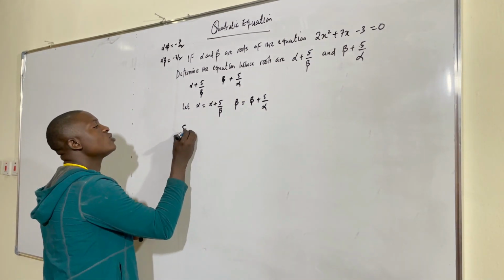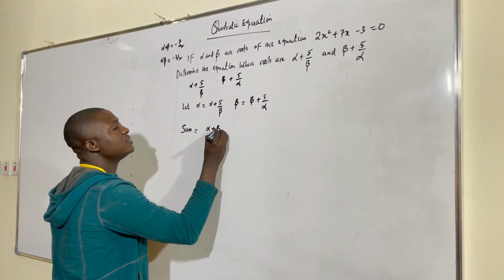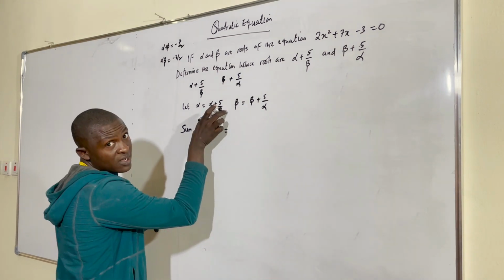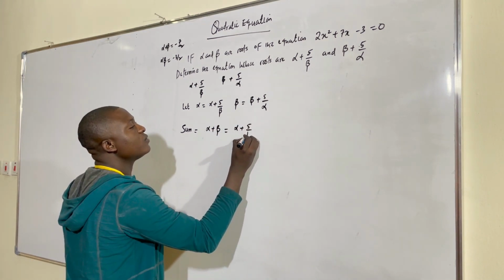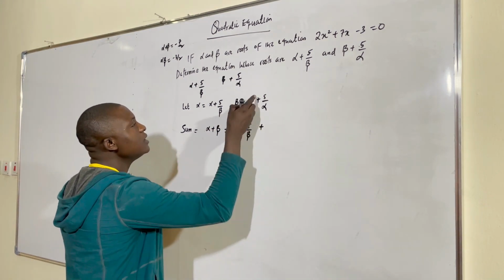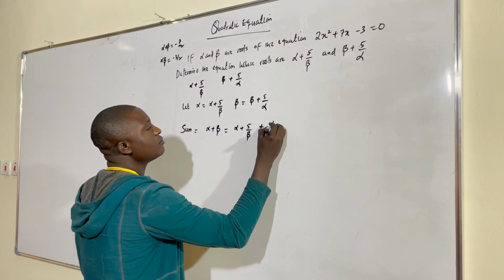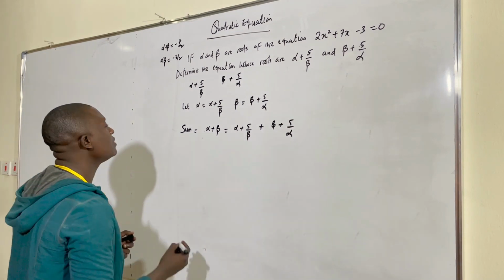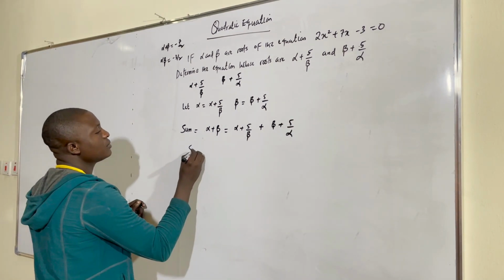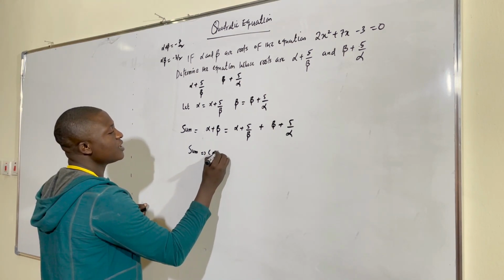So if I want to find the sum, it simply means alpha plus beta, right? So this is my alpha. I'll just substitute. Alpha is alpha plus 5 over beta. Beta is beta plus 5 over alpha. Now, here I can have the sum to be this alpha plus beta.